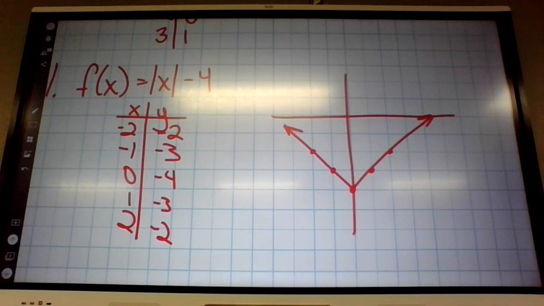All right. What will this plus 2 do to the graph? Go up 2. What will this minus 2 do to the graph? Go down 2. What will this plus 2 in the x do to the graph? Go right 2. Okay, it does the opposite when it's in there.